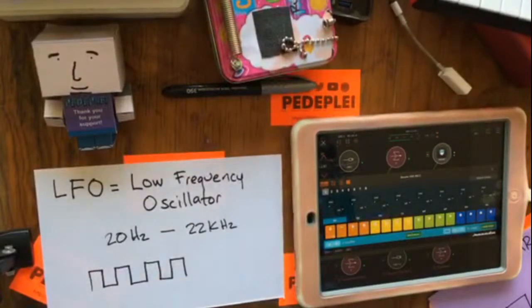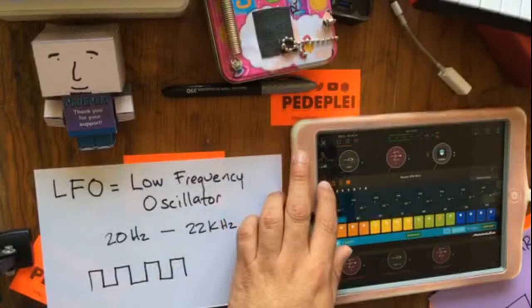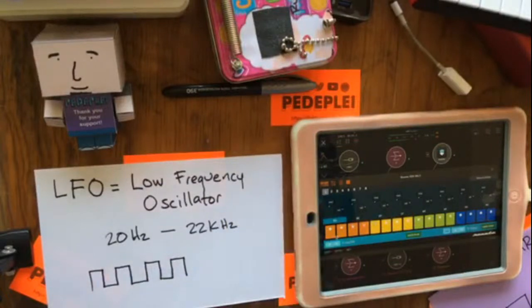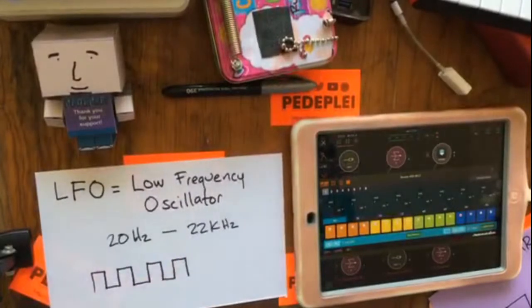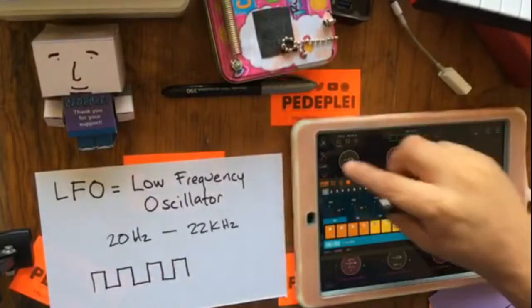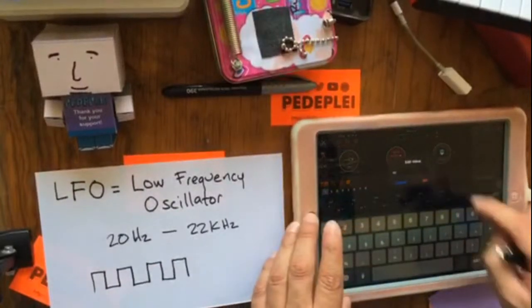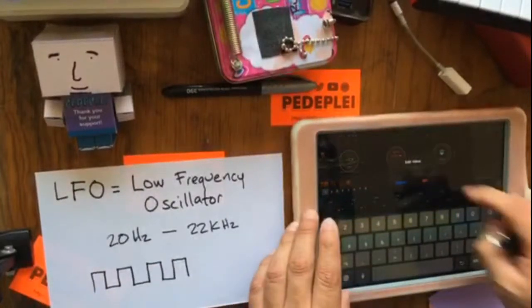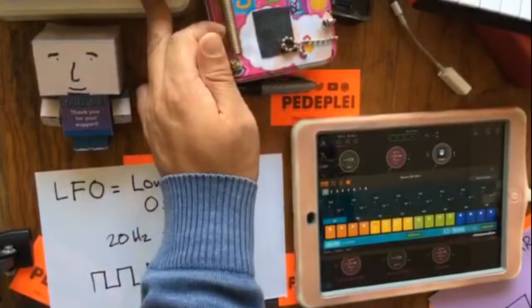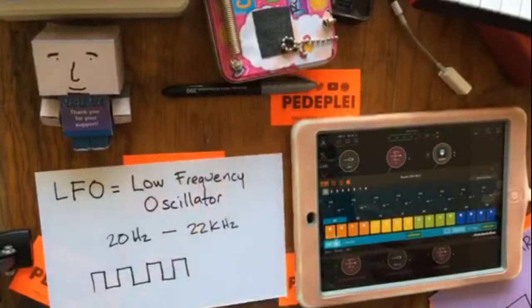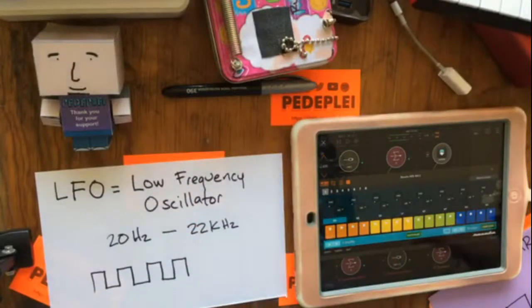Right now it's going super slow, and we can hear each kick or each pulse. Then if we change the tempo back to 600, we can hear like a bass synth sound. So basically, a low frequency oscillator is an oscillator that is super slow.